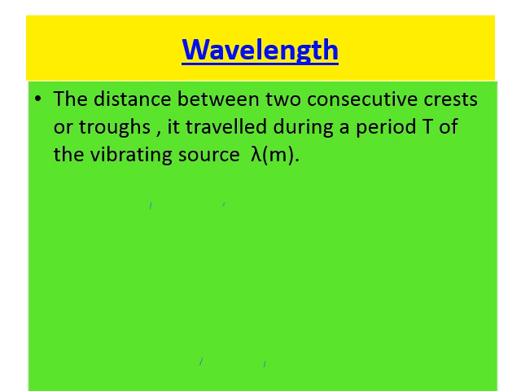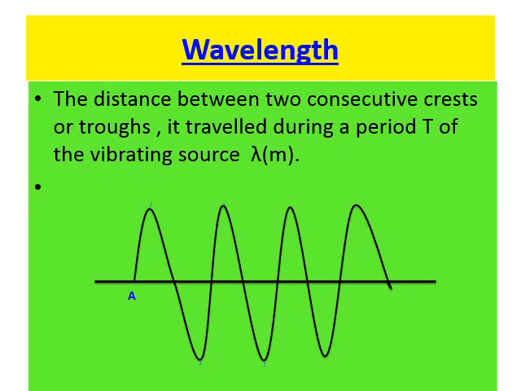It is the distance a wave travels during a period T of the vibrating source, lambda in meter. From crest to crest, lambda. Or from trough to trough, also lambda.